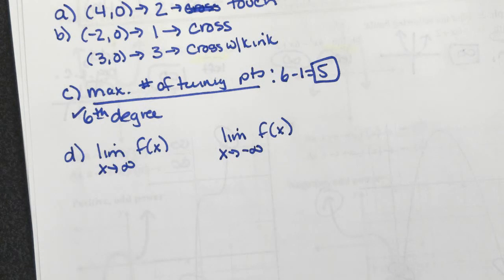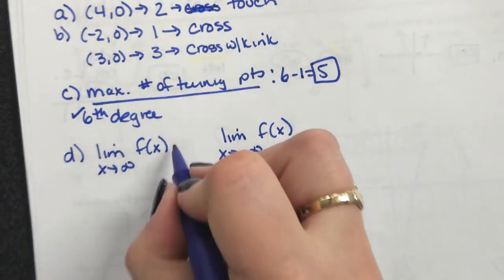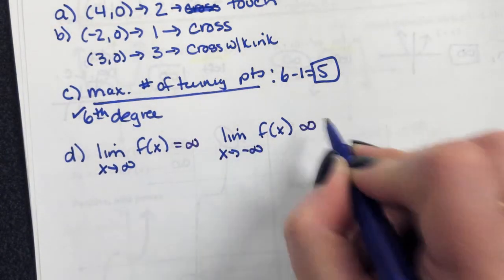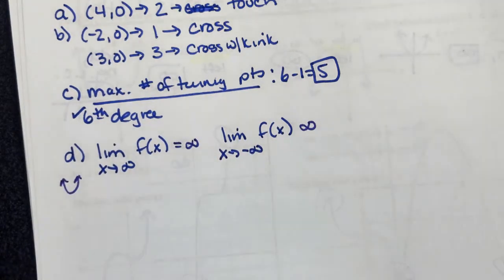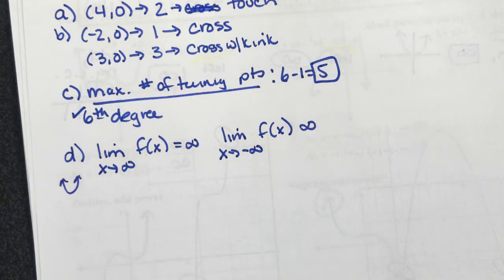Positive. So for the 6th degree, leading coefficient's positive, what's happening with your ends? Both ends are going to do what? Go up. So they're both going to go towards positive infinity. We know it's going to have to do that. Okay? So are we okay with the end behavior? Okay? So now we can go ahead and do the graph.